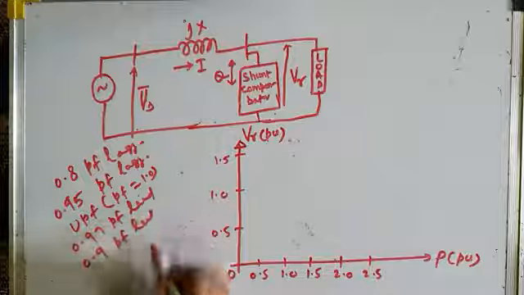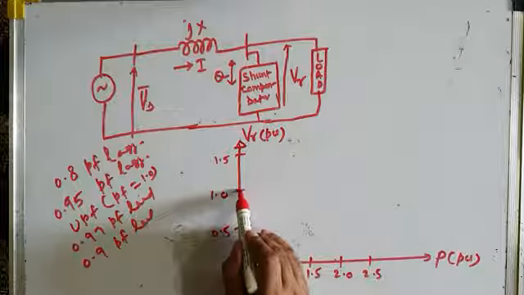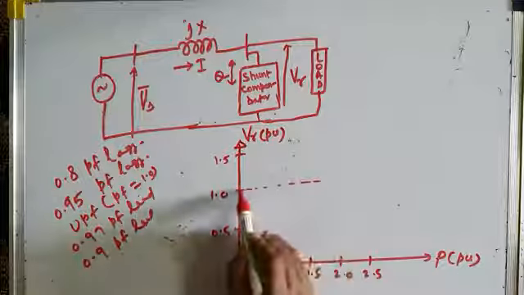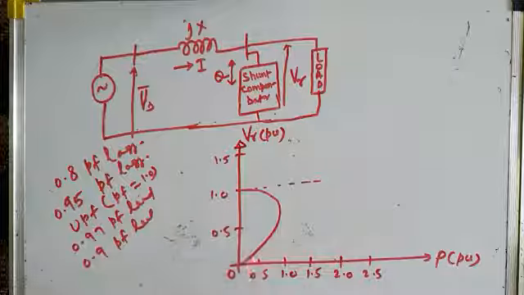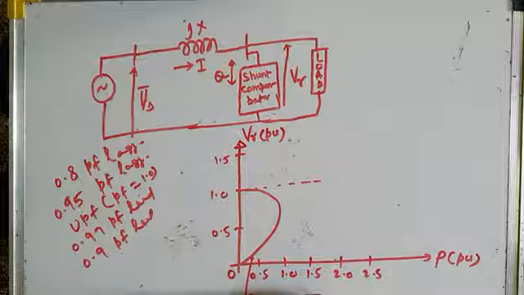Okay, so in this case we will have a situation like this. This is for 0.8 power factor lagging.